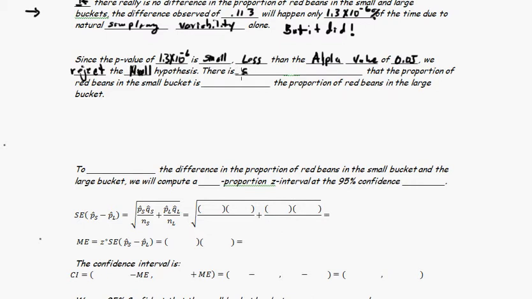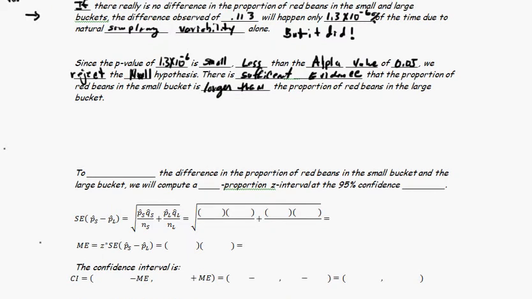There is sufficient evidence that the proportion of red beans in the small bucket is larger than the proportion of red beans in the large bucket. Okay?